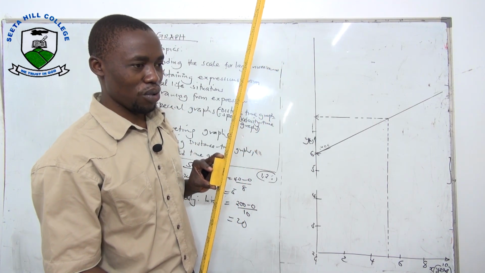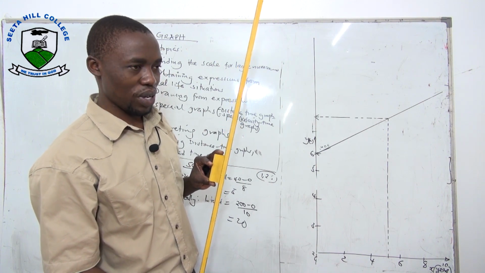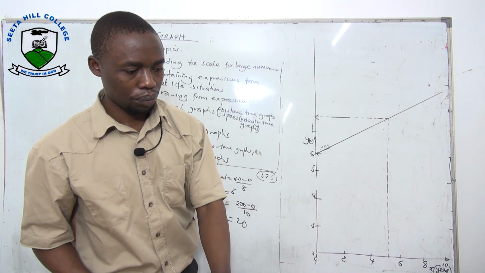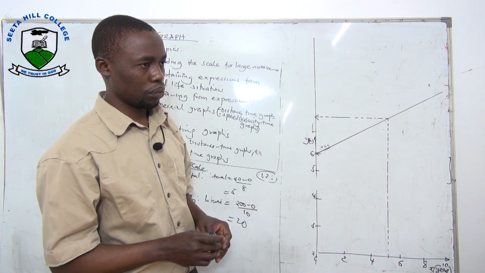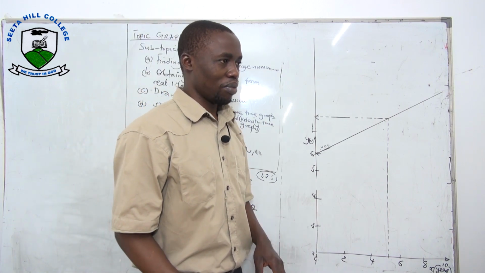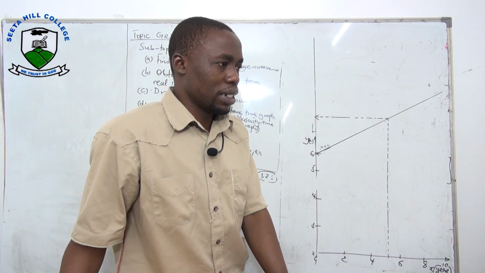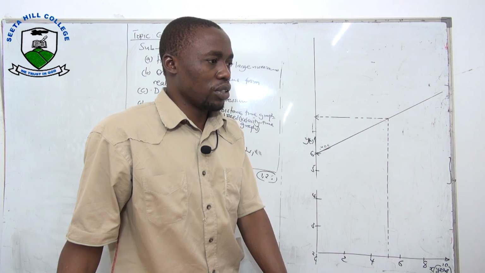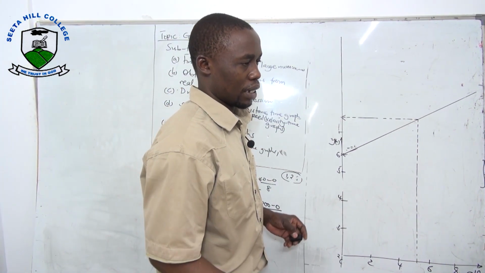Now I want to see how we read that point. How do we read that point? Now the easiest way to read any point is to establish what one small square represents.